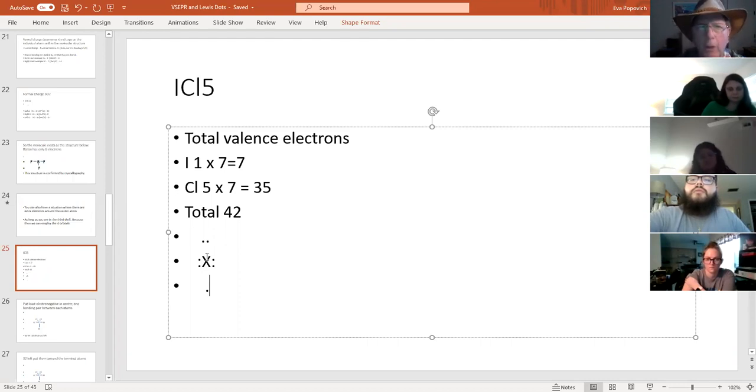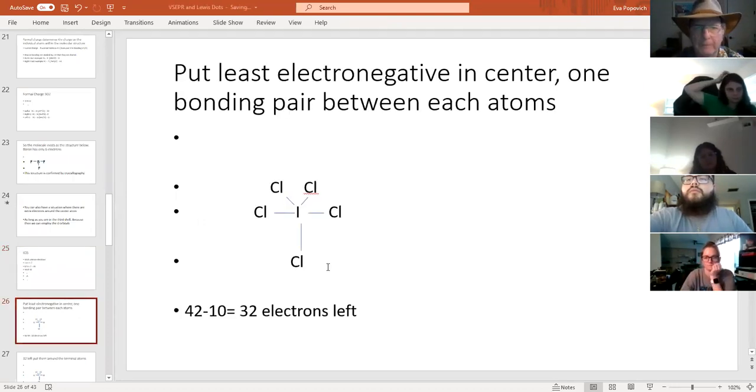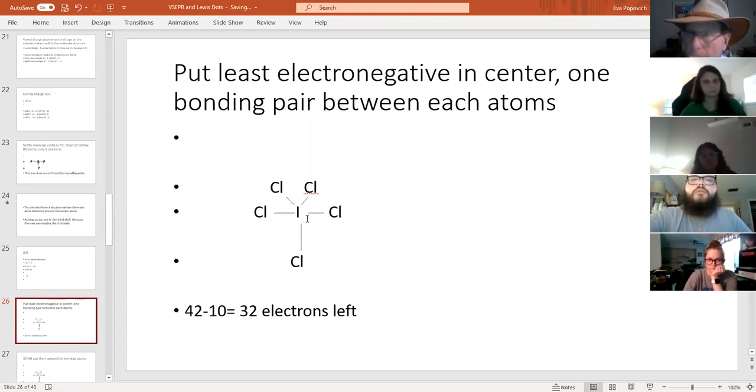That's one thing. I've got 5 things here. I got 5 things around the iodine. So I have to put 5 bonds around the iodine, right? If I'm going to make this molecule, I've got 5 things that I have to attach.